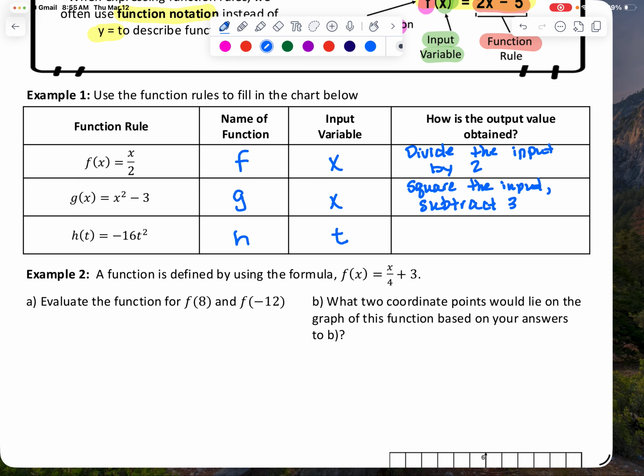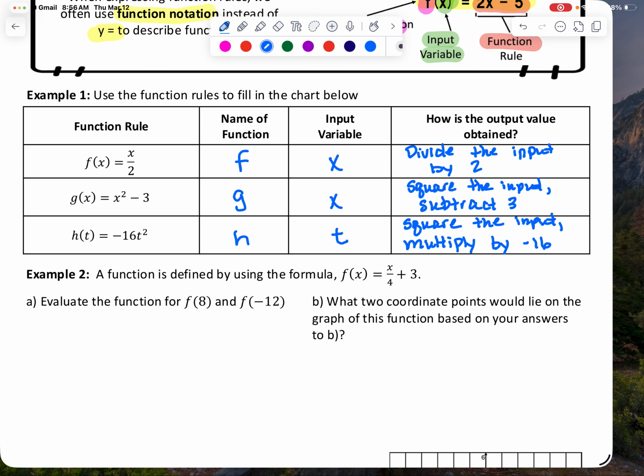We want to square first and then multiply. So you would square the input and then multiply by negative 16.